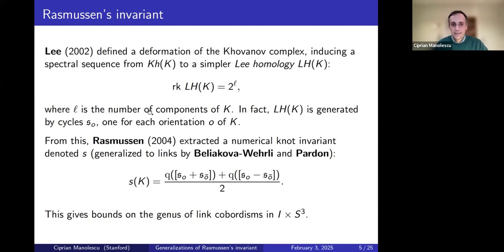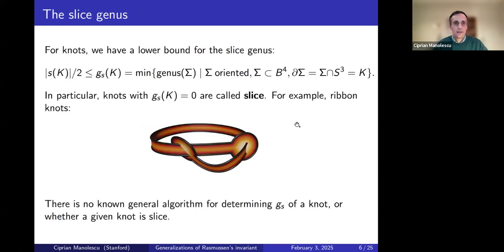Okay, and then everything is still functorial with respect to link cobordisms. You can get a map of spectral sequences, and from this you can say something about the genus of link cobordisms in S3 times an interval. So in particular, you get a lower bound for the slice genus. That's the simplest 4-dimensional question we can ask about a knot.